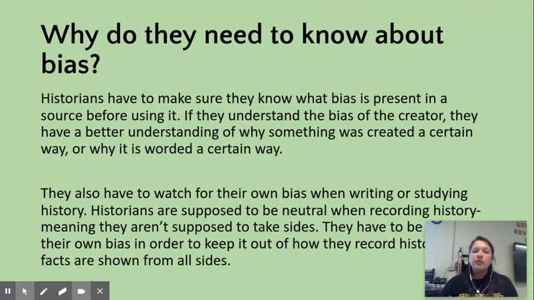And a historian has to be aware of this bias so that when they are using the source where this person is saying that the fish is the best, they have to have a better understanding of why they're saying that. They can't just then put in their book, oh, this person said fish is the best. They need to explain why that person believes that. And it helps a historian understand how biases are present also because of what kinds of things are available to people.